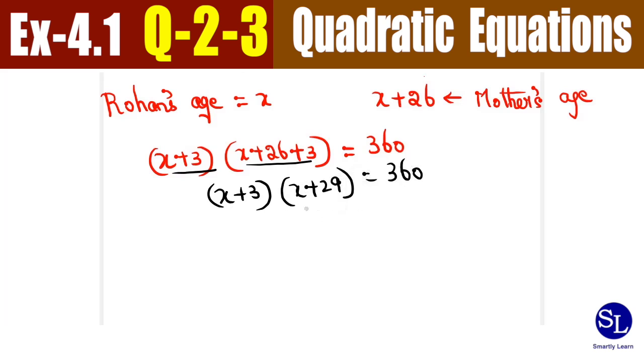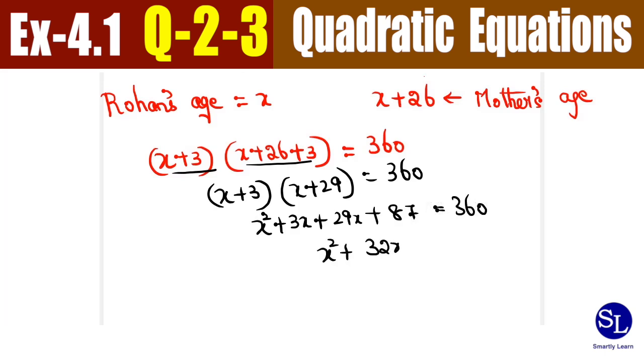So let's do the term-wise multiplication. x squared plus 3x plus 29x plus 29 into 3, which is 87, is equal to 360. So x squared plus 32x plus 87 minus 360 is equal to 0.